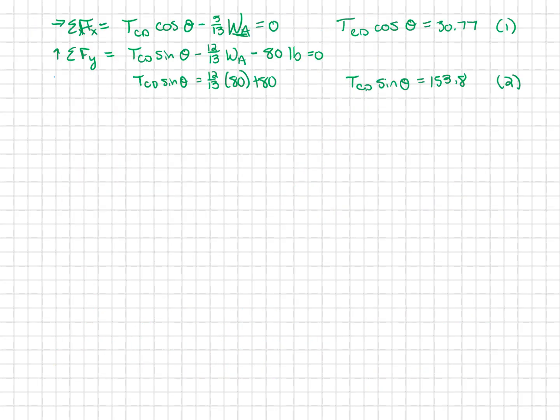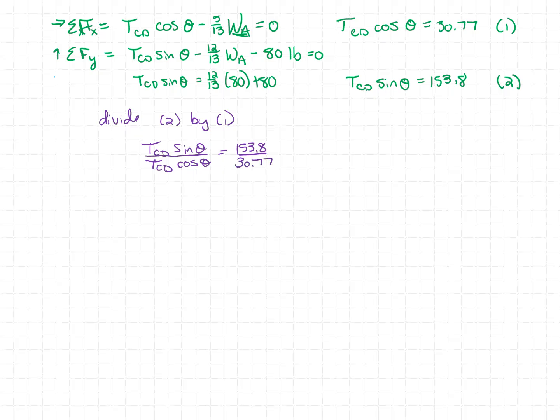Now I'm going to just do my algebra and solve for the things that I need to know. So the first thing I'm going to do is divide equation 2 by equation 1. So I'll have TCD sine of theta over TCD cosine of theta is equal to 153.8 over 30.77.